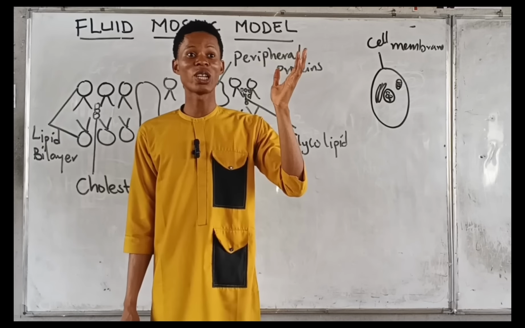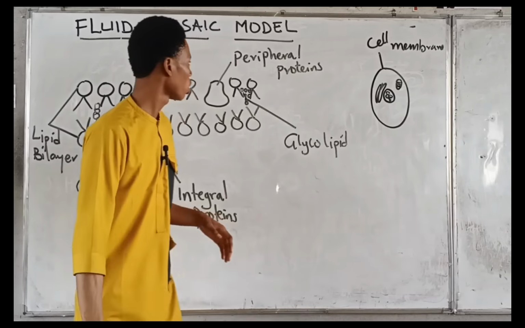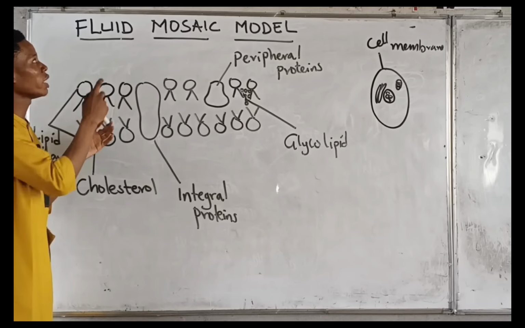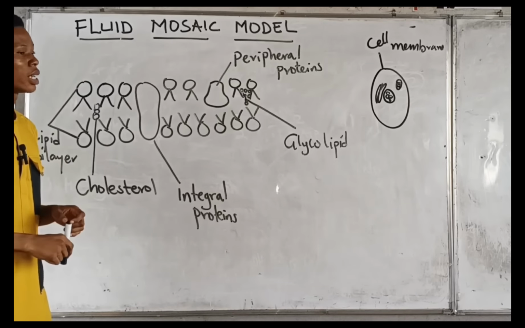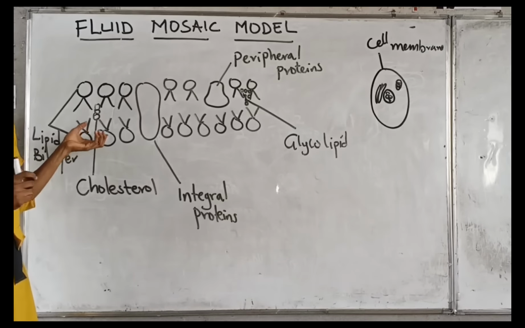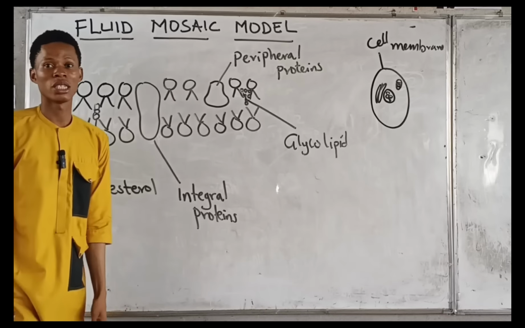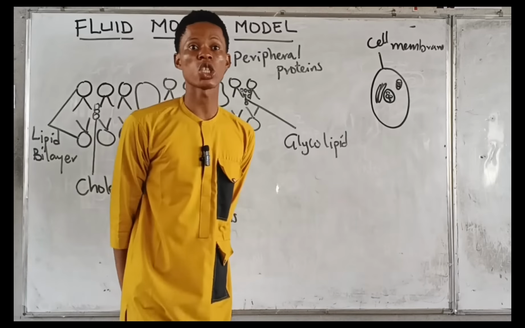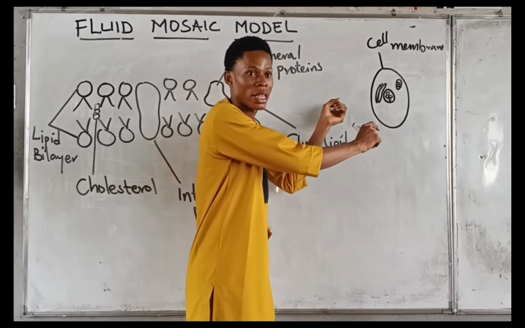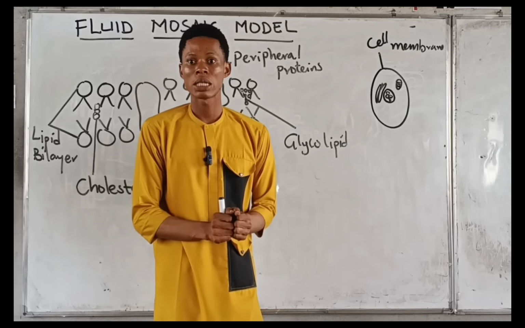No. Some of you do not know that gas is a fluid. Know that one today. Now, this Fluid Mosaic Model by Singer and Nicolson proposed that the cell membrane is in a fluid state, it's not static. This cell membrane you're seeing here is not like a fence standing in one place.